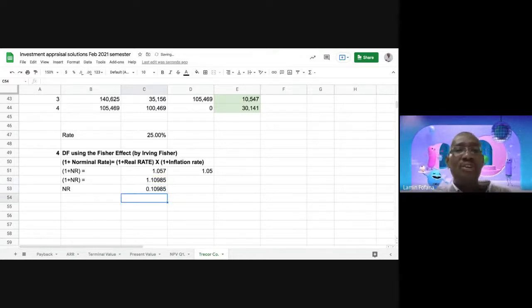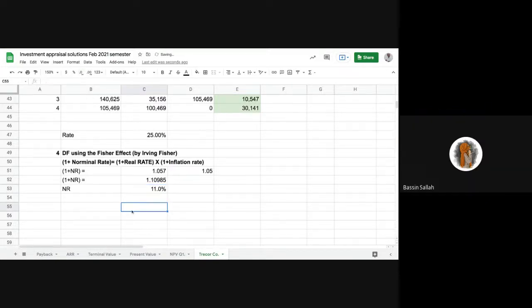That gives us 0.10985. What is this 0.10985 if you turn it into percentage? 10.99%, and if you round it up, 11%.